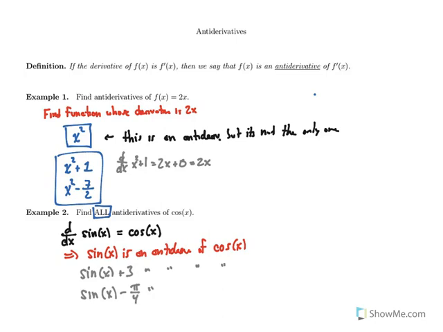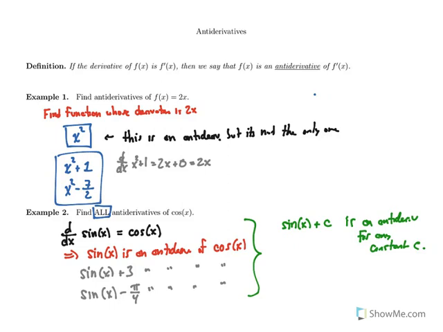That is also an antiderivative of cosine. And what we can really say, bringing it all together, is that sine of x plus c is an antiderivative for any constant c.